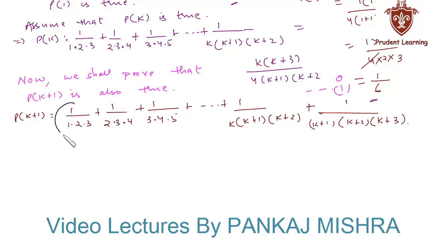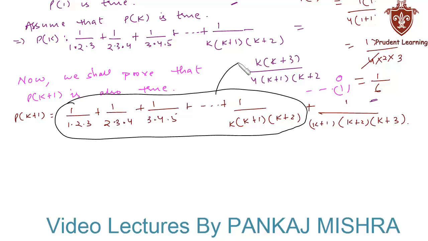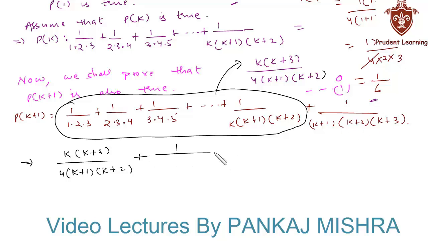And now we have the value of this quantity from equation 1 as k into k plus 3 upon 4 times of k plus 1 into k plus 2. So we'll substitute it and we'll get P of k plus 1 is equal to k into k plus 3 upon 4 times of k plus 1 into k plus 2, and keeping this quantity as such, 1 upon k plus 1 into k plus 2 into k plus 3.